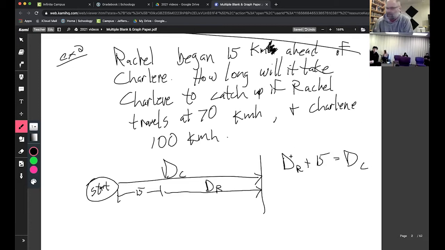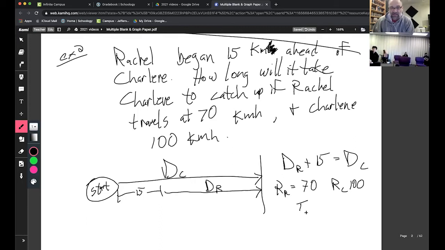Okay. All right, let's find our R's and T. So R of R is 70. R of C is 100. And then we want to know what time, but it looks like they started at the same time and ended at the same time. So basically our times are the same.